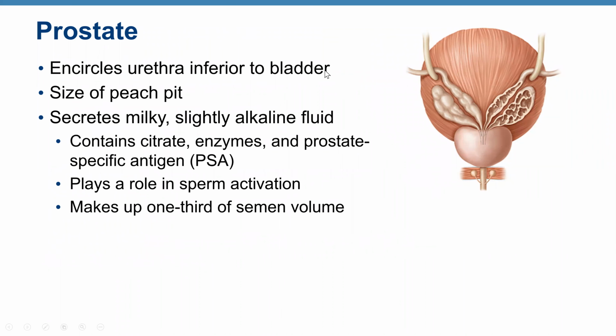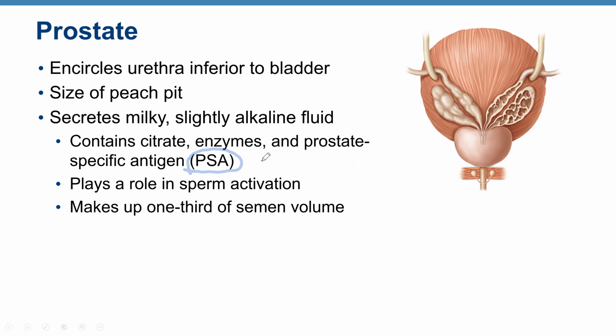Prostate gland encircles the urethra. So the urethra will be inside. It encircles the urethra, inferior to the bladder, size of a peach pit, and secretes a milky, slightly alkaline fluid that contains citrate, enzymes, and prostate-specific antigen, or PSA.